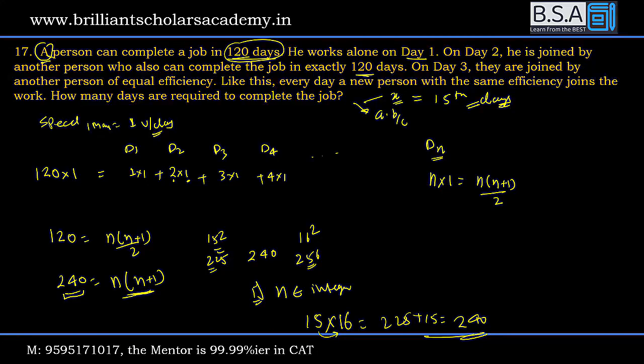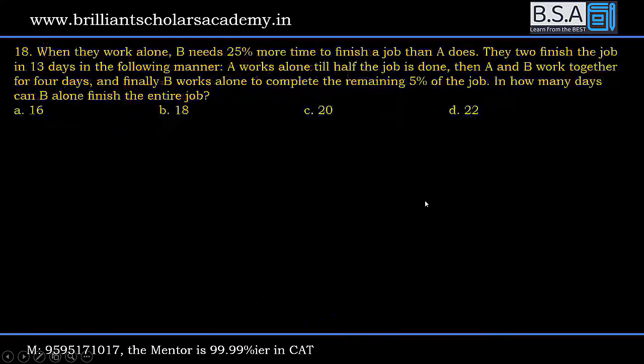Moving on from this. When they work alone, B needs 25% more time to finish a job than A. They together finish the job in 13 days in the following manner. A works alone till half of the job is done.